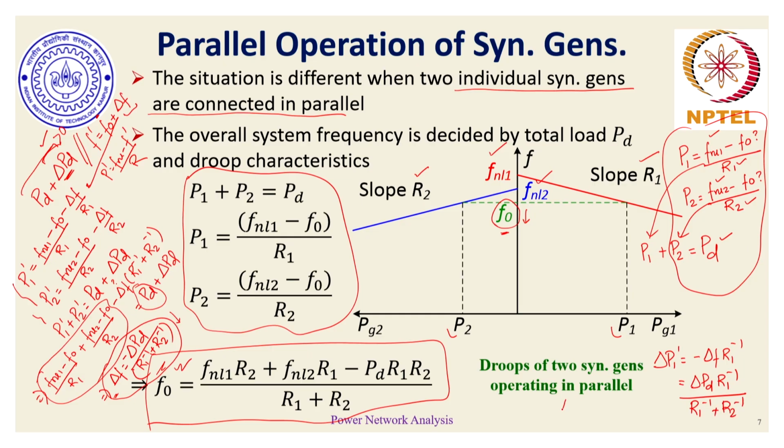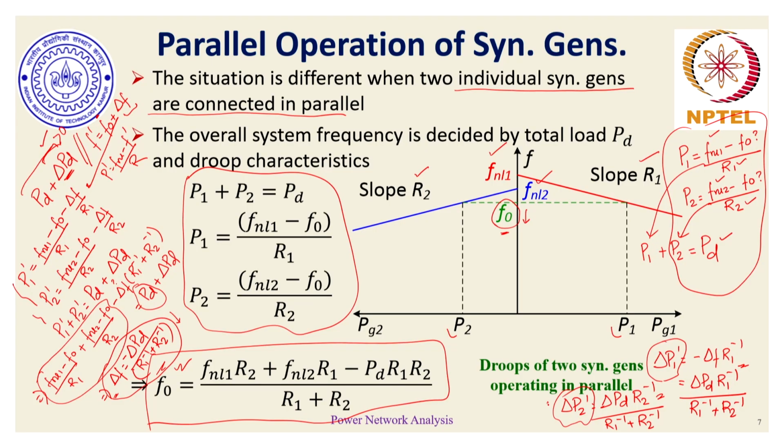And similarly, delta P2 dash, which is the change in generation of unit 2, is delta PD times R2 inverse by (R1 inverse plus R2 inverse). This says that the change in load, which was delta PD, has been taken up by the two generators, generator 1 and generator 2, in the ratio of inverse proportion of their respective droop characteristics, which means if a generator has higher droop characteristic, it would tend to participate lesser while load is changing.